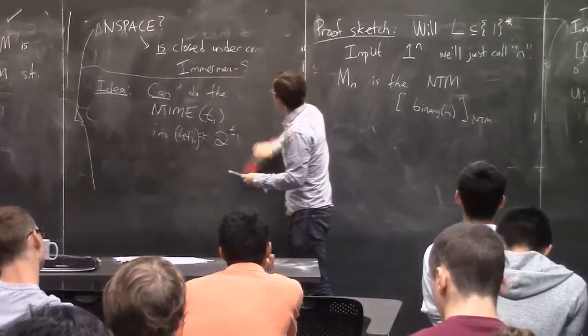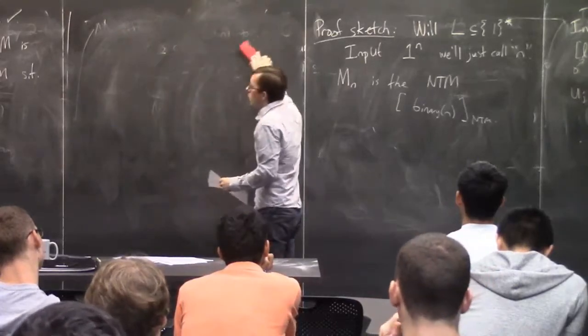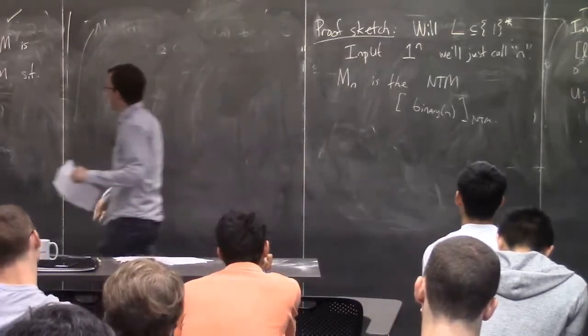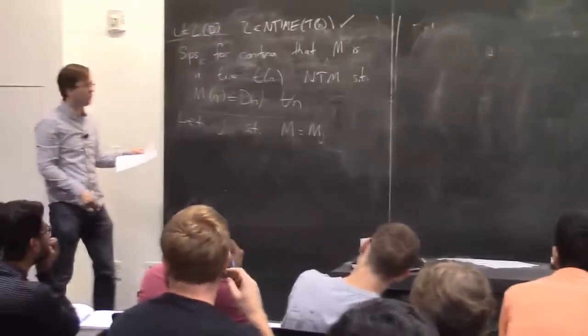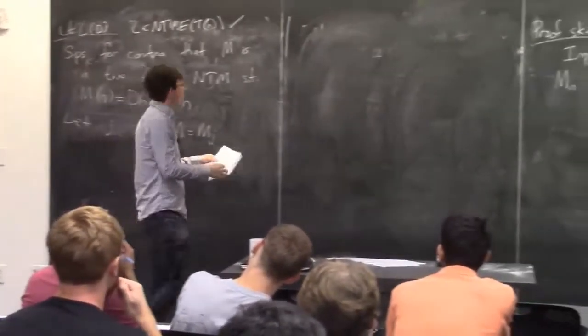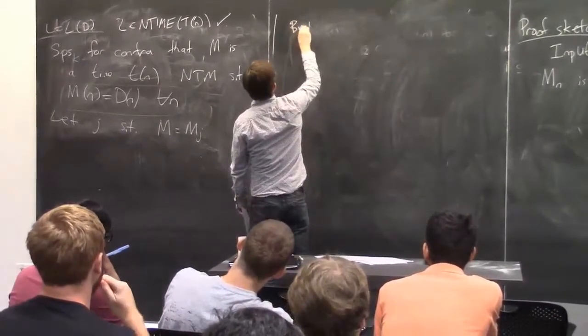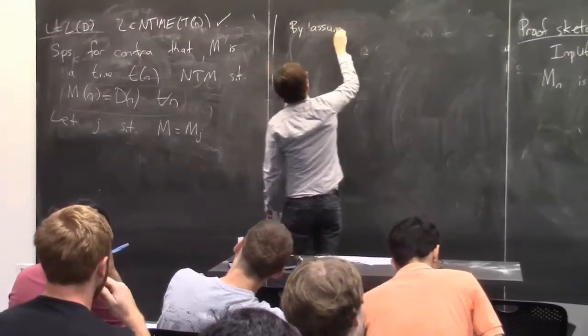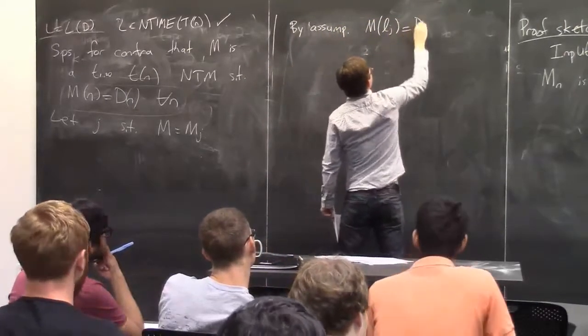OK. So let's just slowly go over what this fact means vis-a-vis the description of D, which we know up there. Just for strings within this interval, we'll start with the one at the bottom. So by assumption, M on Lj equals D on Lj.